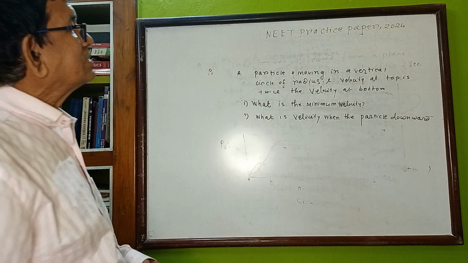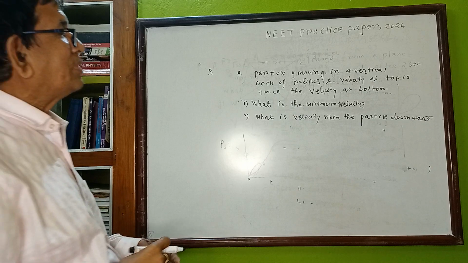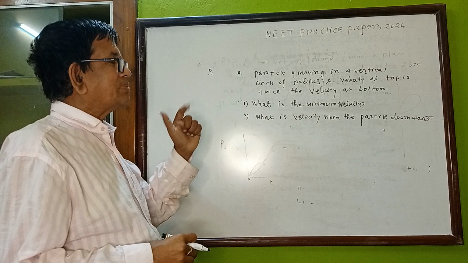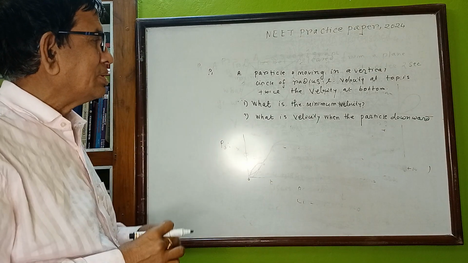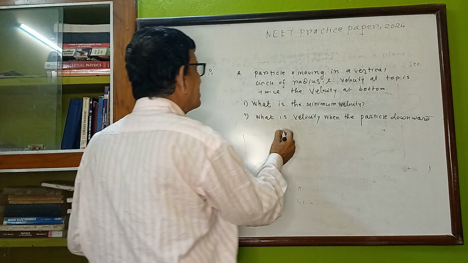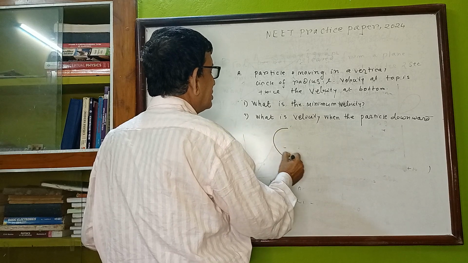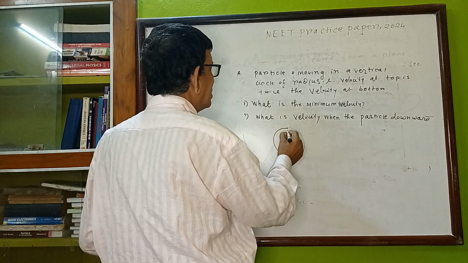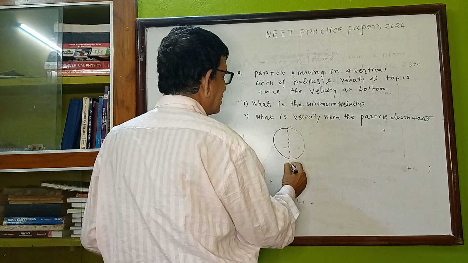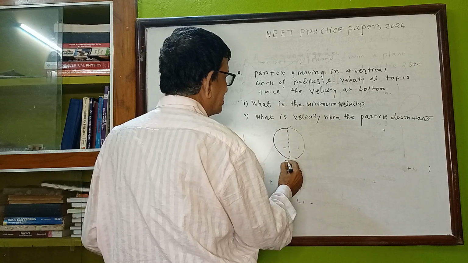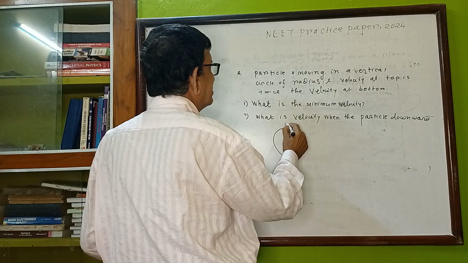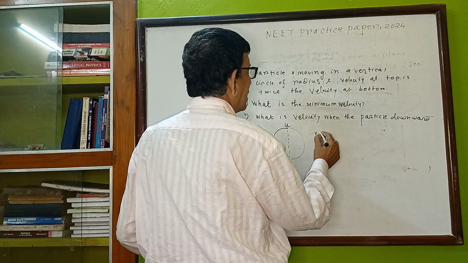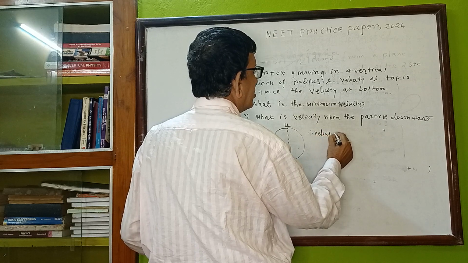A particle is moving in a vertical circle of radius L. Velocity at the top is twice the velocity at the bottom. What is the minimum velocity and what is the velocity when the particle is downward? So you draw the picture. This is the picture. It is L. Suppose velocity is 2u here and u there.